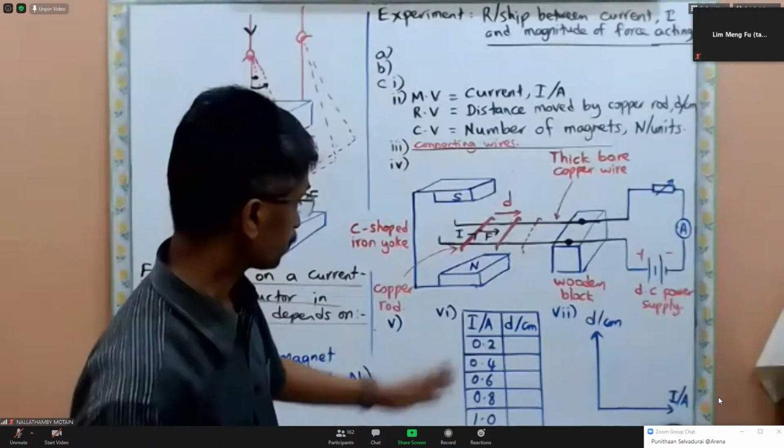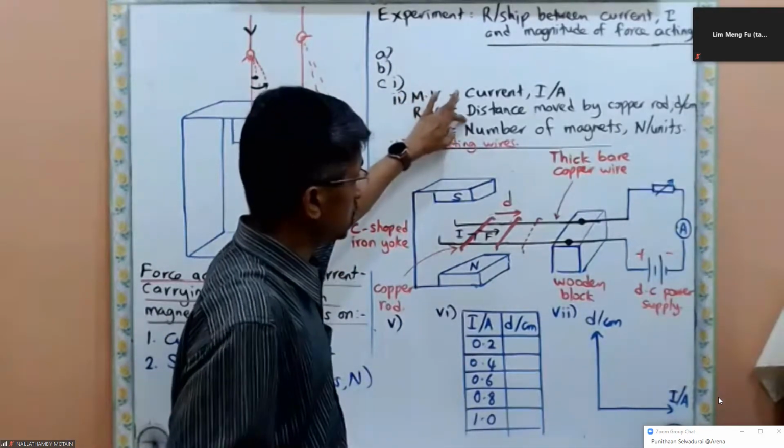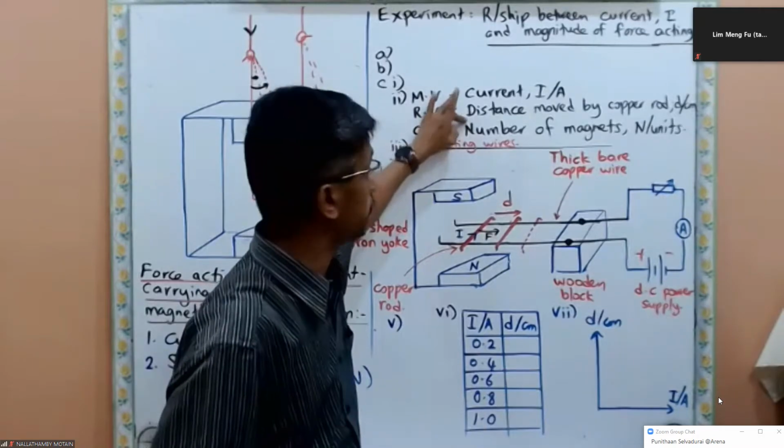So for A, distance moved by copper rod depends on current.